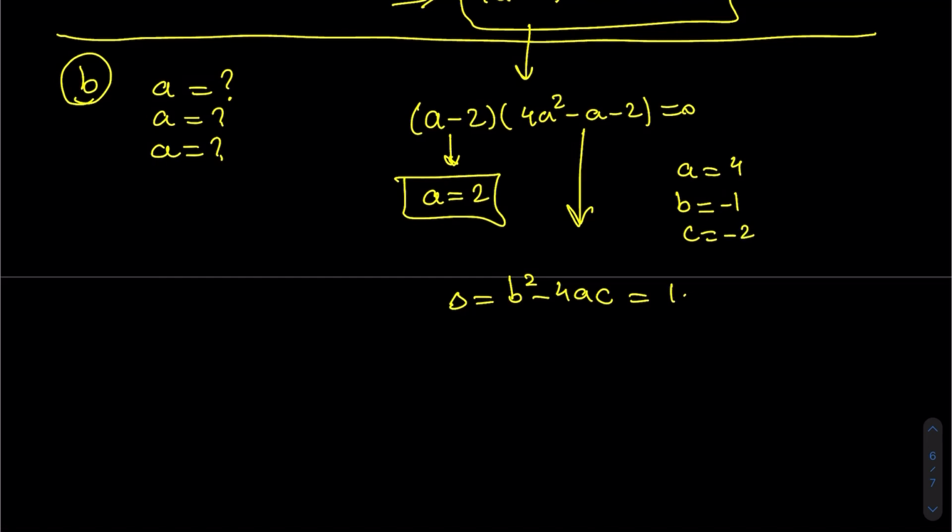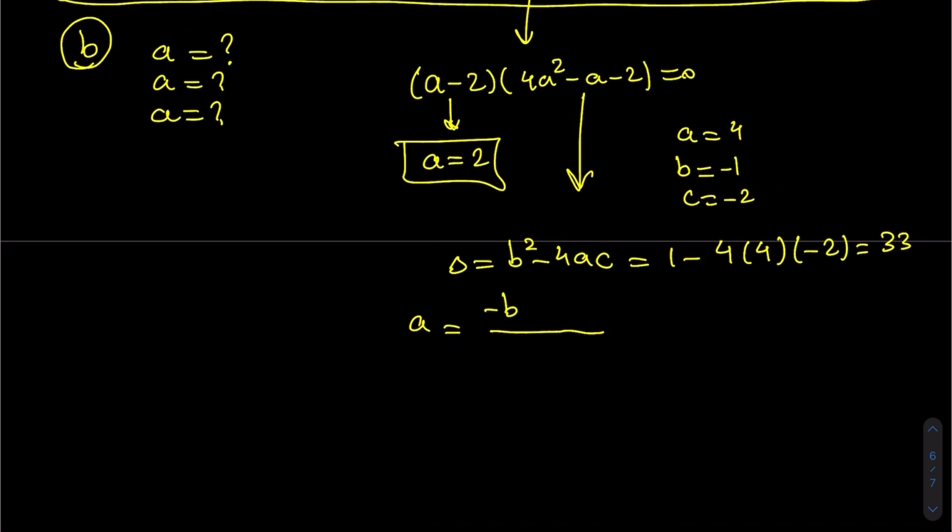It will be equal to 1 minus 4 times 4 times minus 2, which is equal to 33. So then I will get a is equal to minus b plus or minus square root of delta, divided by 2a, which will be equal to 1 plus or minus square root of 33 over 8.